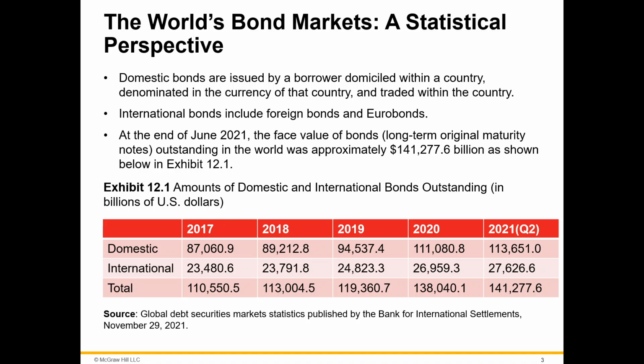So this is not a small number. And you can see that this bond issuing has increased over time, significantly, at least in the last recorded 5 years, with domestic issuance growing faster than international issuance, but international issuance is still growing.